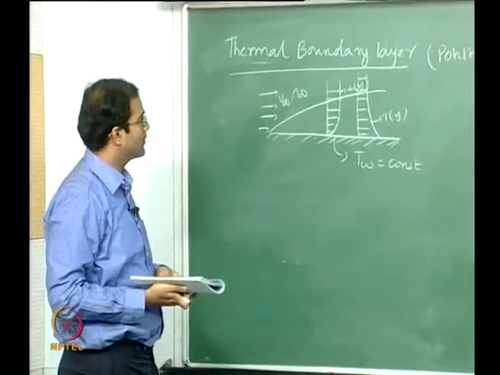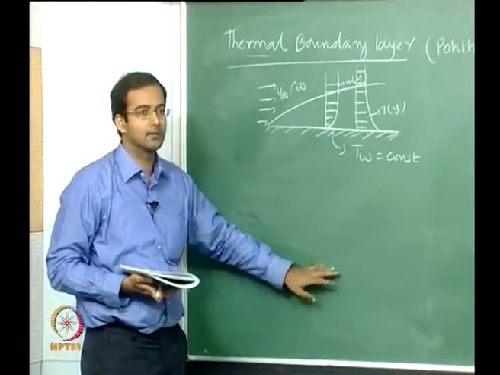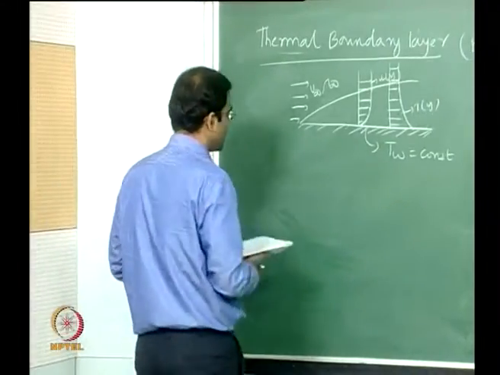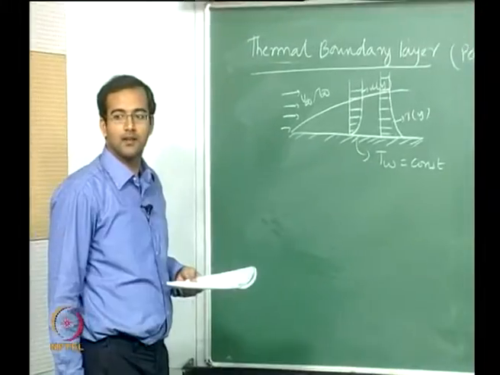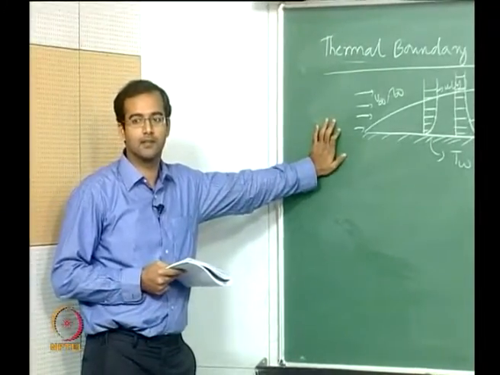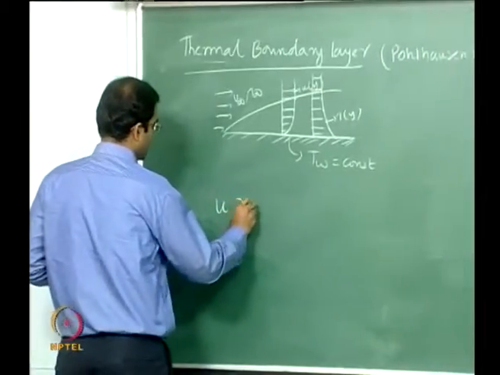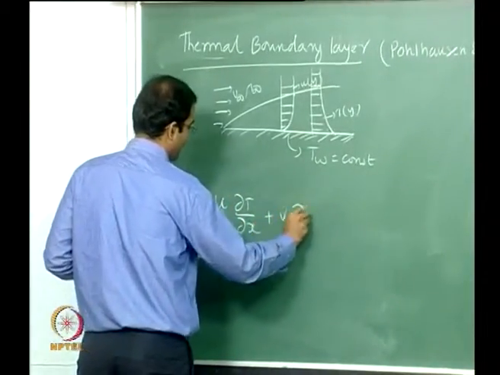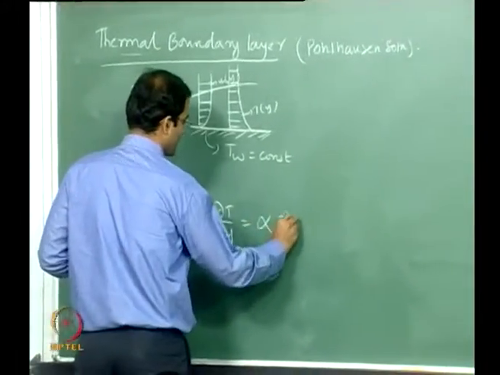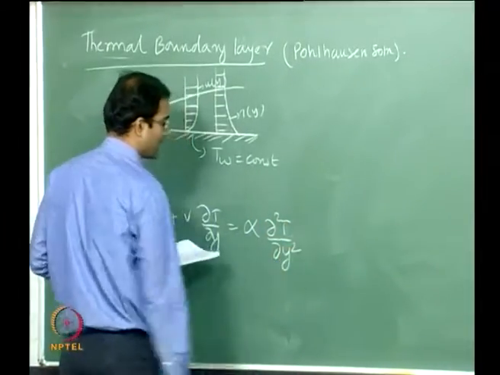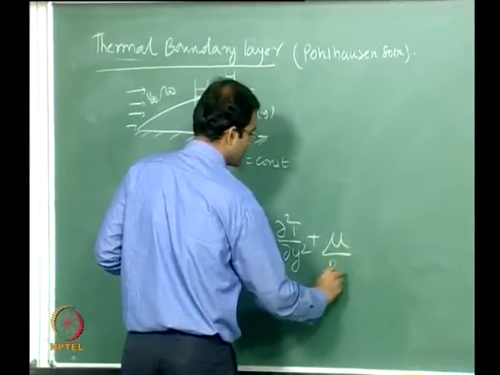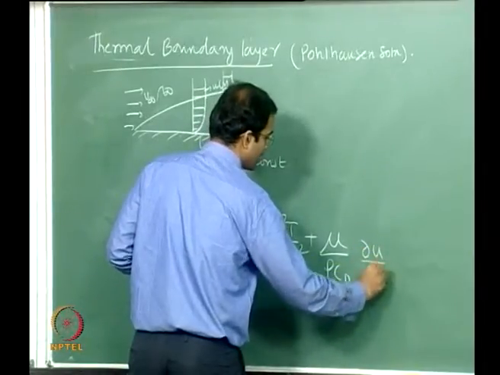Okay, so now if you apply the boundary layer equations that we derived, can you tell me the terms in the boundary layer equation for temperature? I am asking for the governing equation for the energy. So u dT/dx plus v dT/dy is equal to alpha d2T/dy2 plus mu by rho Cp into (du/dy) the whole squared.